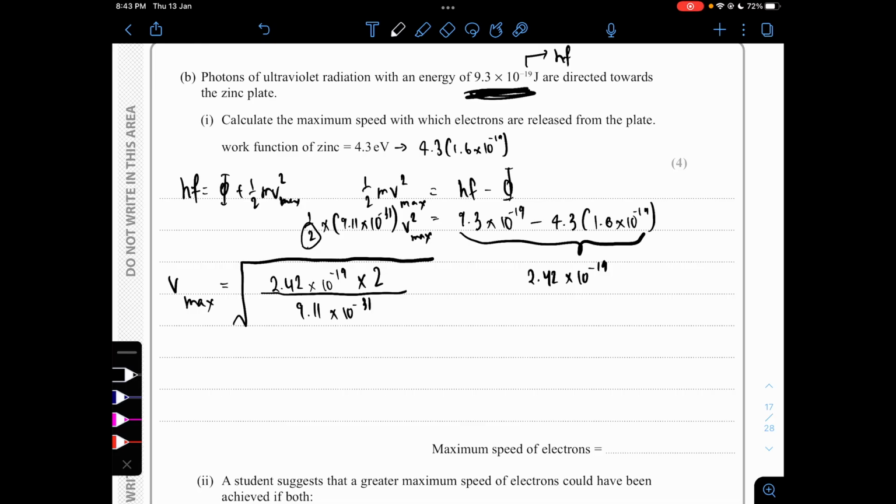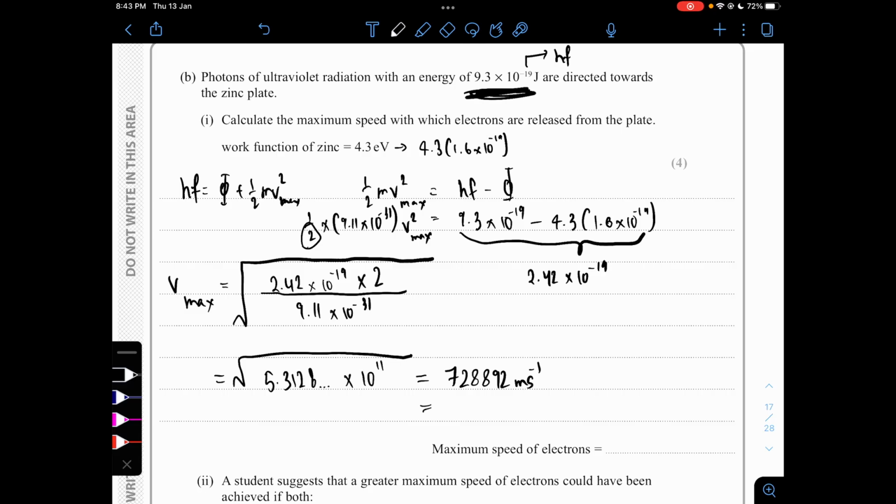Okay? So inside the root, we get 5.3128 times 10 to the power of 11. So let's square root it. When we square root it in the calculator, we get 728.892 meters per second.